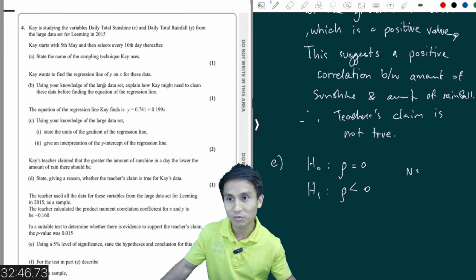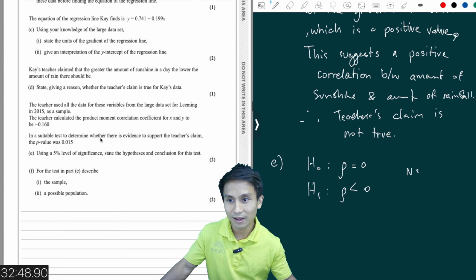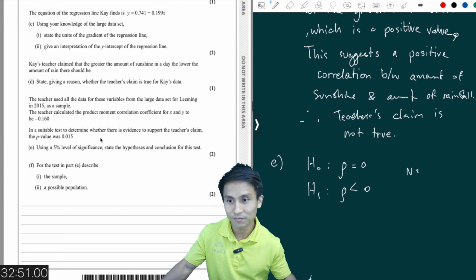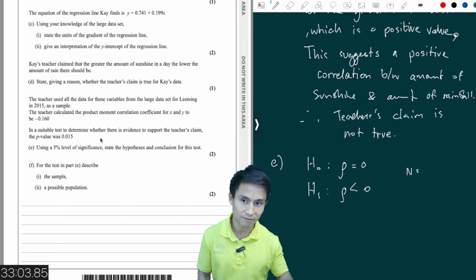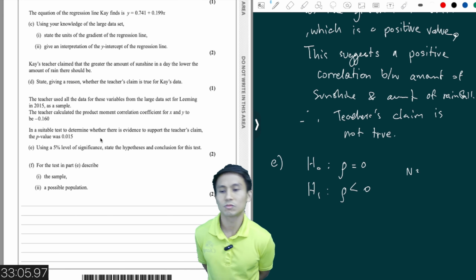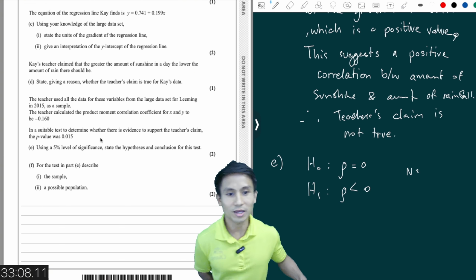And n is how many? The p-value was 0.015. Is that the p-value? Okay, yeah.